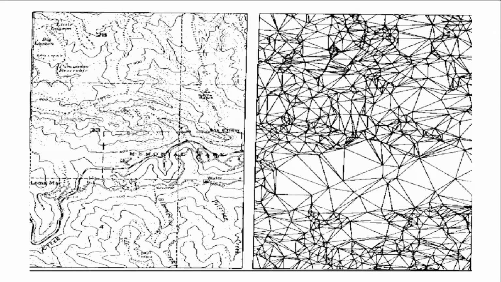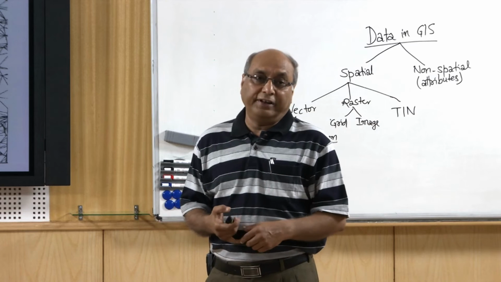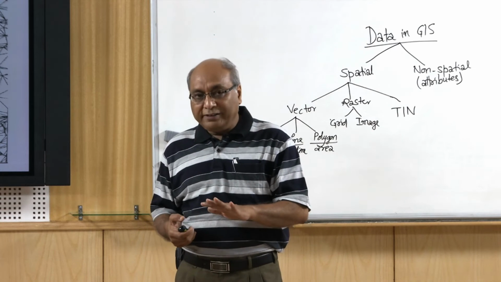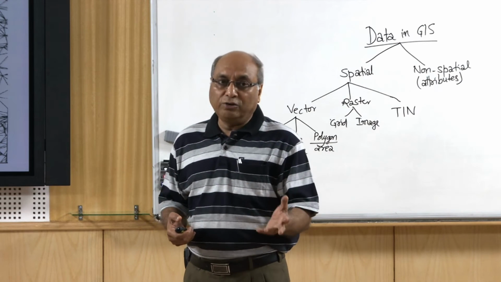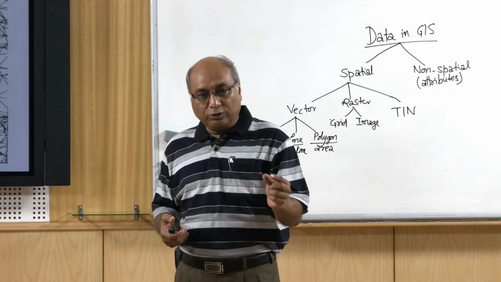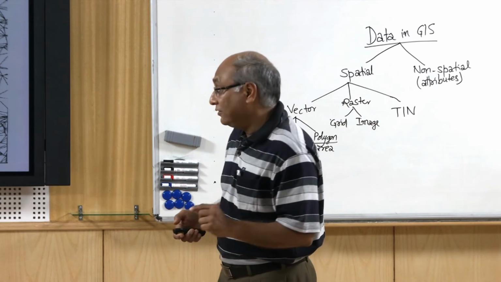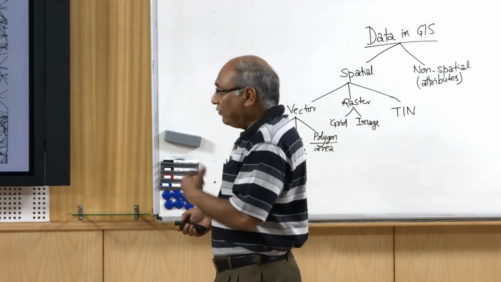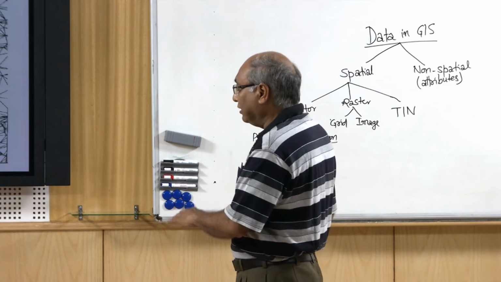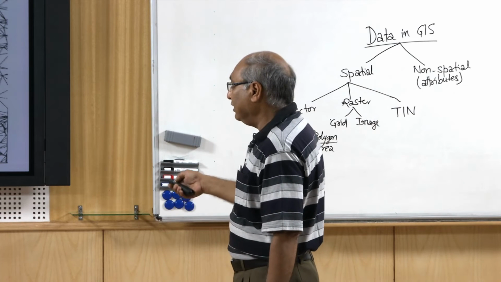Whereas where contours are very close, that means the surface roughness is very high, ruggedness is very high, and therefore smaller triangles are made. So that's the beauty of TIN, that it is adaptable to surface roughness. In comparison, raster is not adaptable. It is fixed. Throughout that data, the size of a cell of a grid is fixed. But here, the size of a triangle varies, including the shape of the triangle, as you can see in this example.